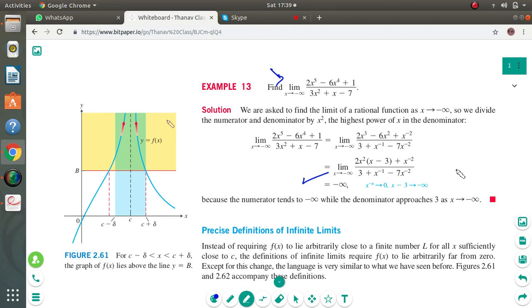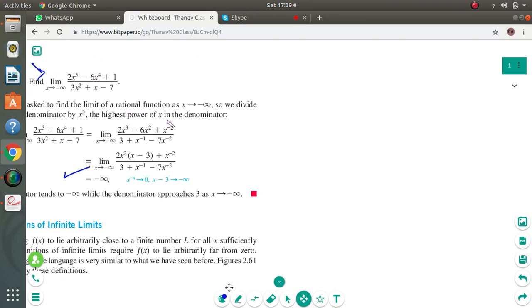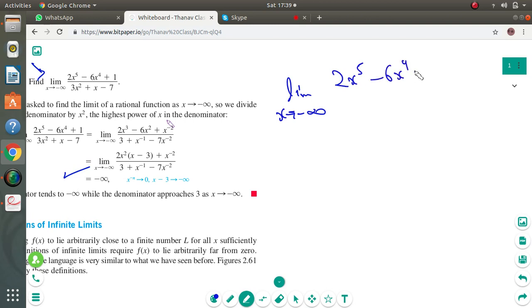Have you got the question? See what we have done here. Let me do this again. The limit as x tends to minus infinity of (2x^5 - 6x^4 + 1) divided by (3x^2 + x - 7). We can divide numerator and denominator by x^2.